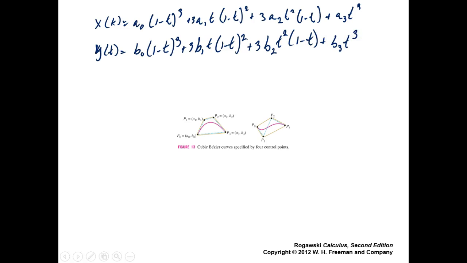All right. Now, we are requiring that the slope of the tangent line to the curve be equal to the slope between P0 and P1. So we first need to identify that.